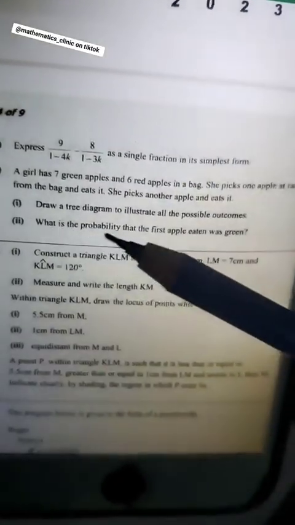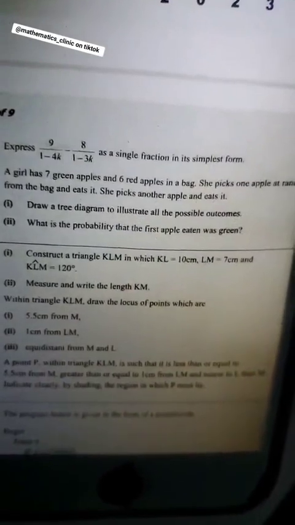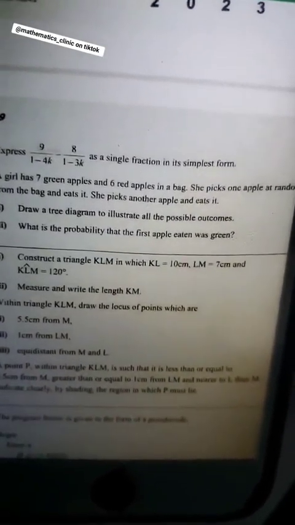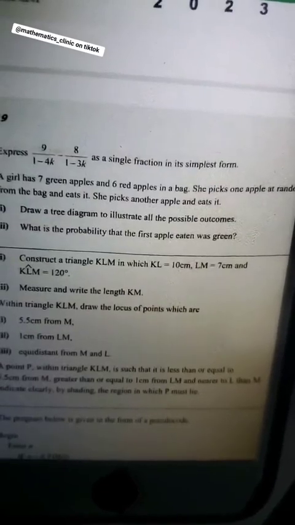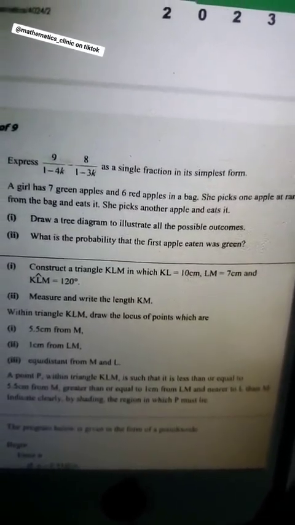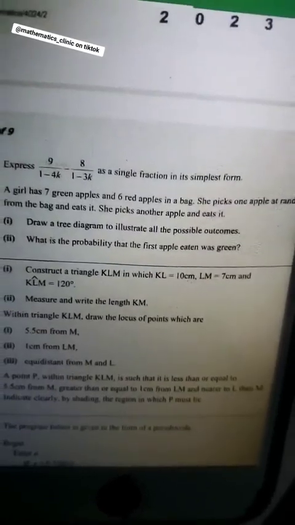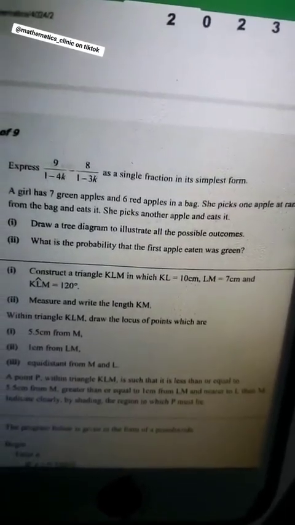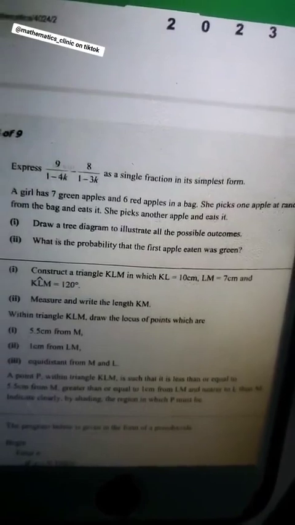Now, what is the probability that the first apple eaten was green? What is the probability that the first apple that this person ate was green?